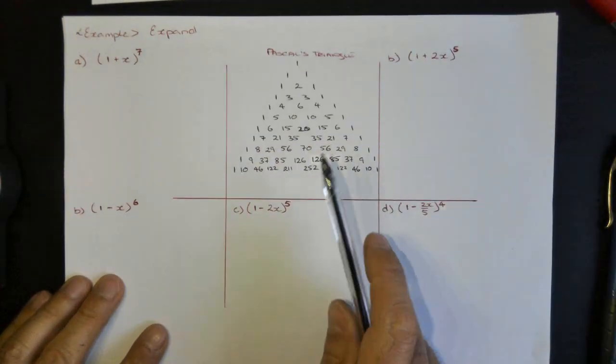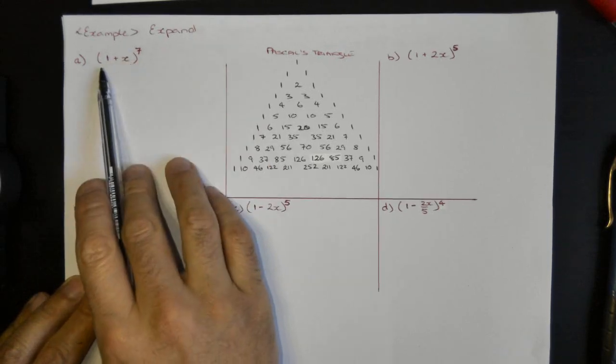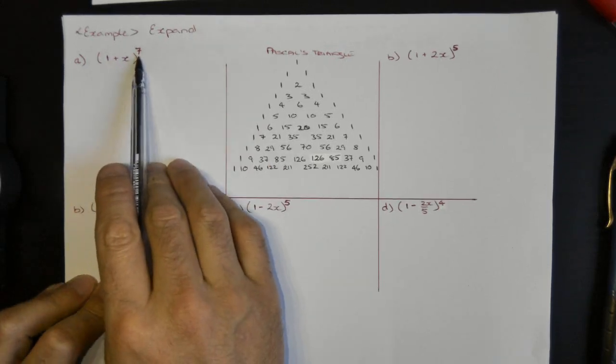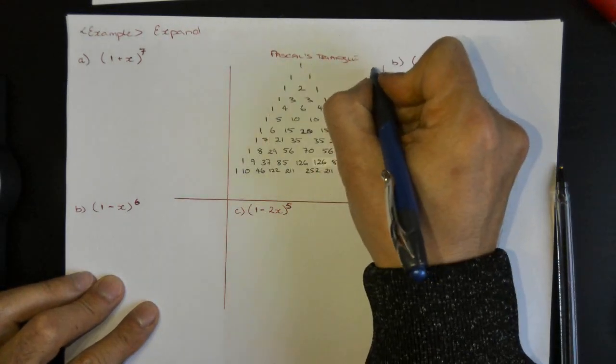So let's do some examples. I've kept Pascal's triangle here. If I want to expand (1 + x)^7 in a quick way, I remember that this is row 0.